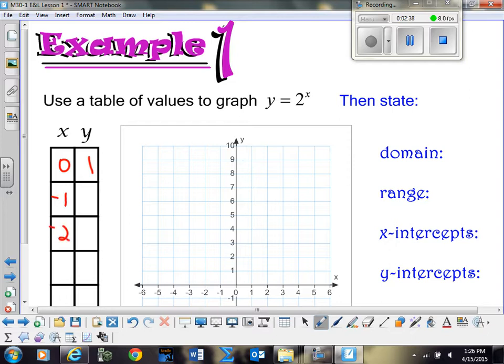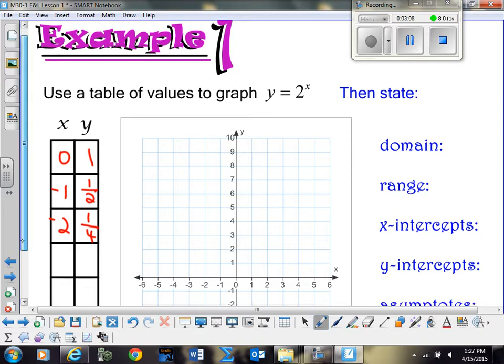If you have a negative exponent, 2 to the negative 1 is equal to 1 over 2 to the power of 1. So remember, when you have a negative exponent, to take the reciprocal and make your exponent positive. So 1 over 2 to the positive 1 is just 1/2. 1 over 2 to the positive 2 is 1 over 4. And negative 3 exponent would be 1 over 8. Negative 4 would be 1 over 16.